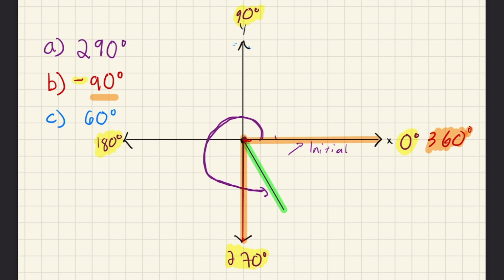And then finally, the angle is 60 degrees. Well, that is a rather straightforward angle. It's going to stay within the first quadrant, or quadrant 1 over here. And we would simply plot the point. It would be roughly around here. Of course, you'd have a protractor that would guide you a little bit better and make it more accurate.